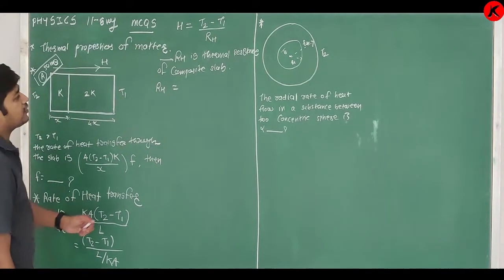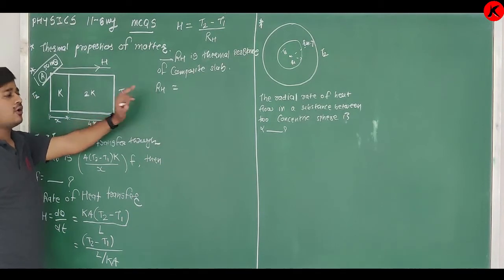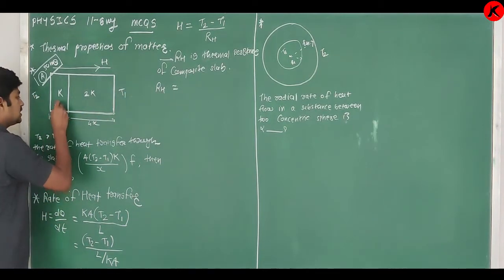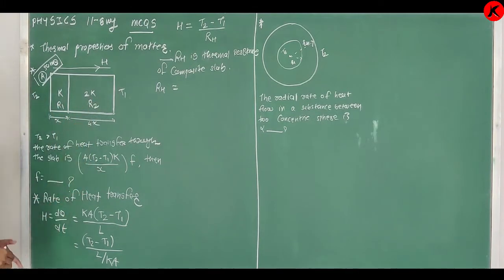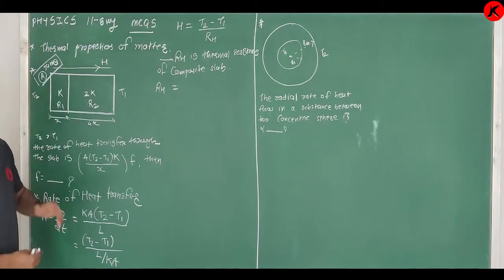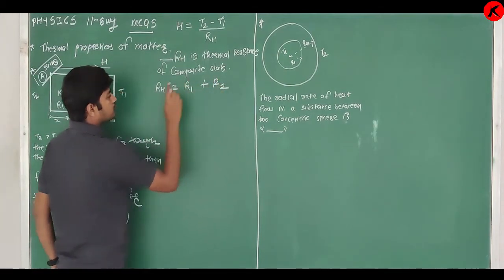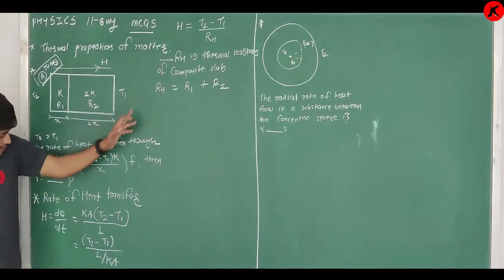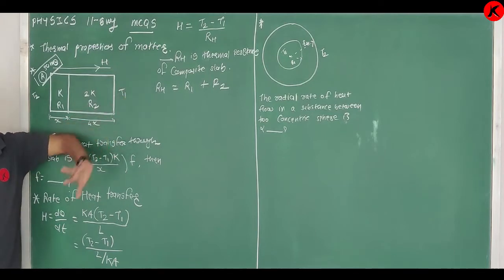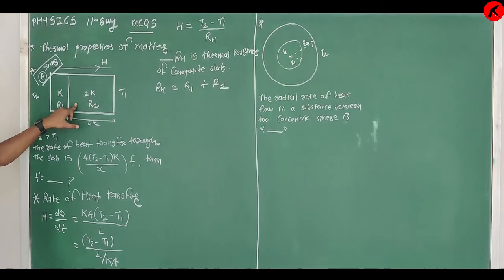For series connection, if the resistance of this part is R1 and the resistance of this part is R2, then the resistance of the composite slab RH is equal to R1 plus R2. Clear? It is a general equation.